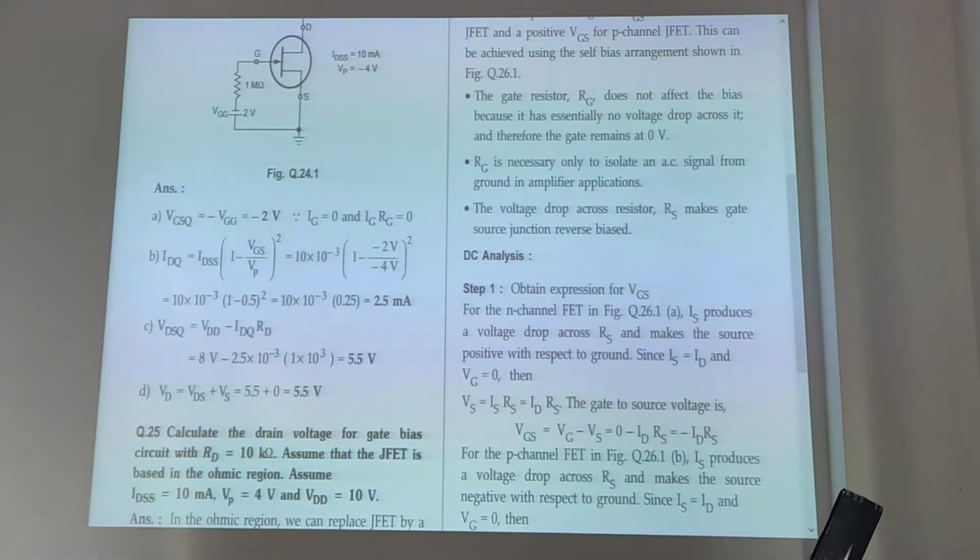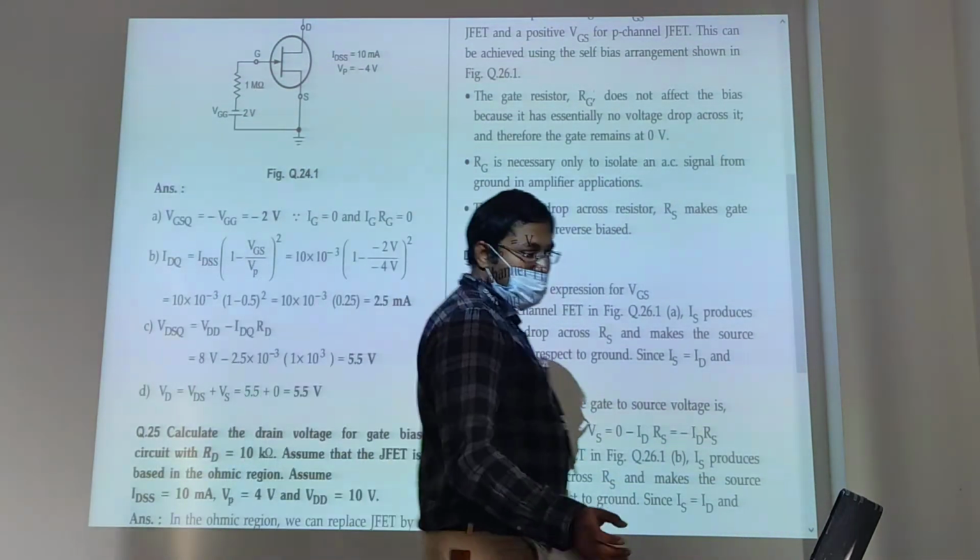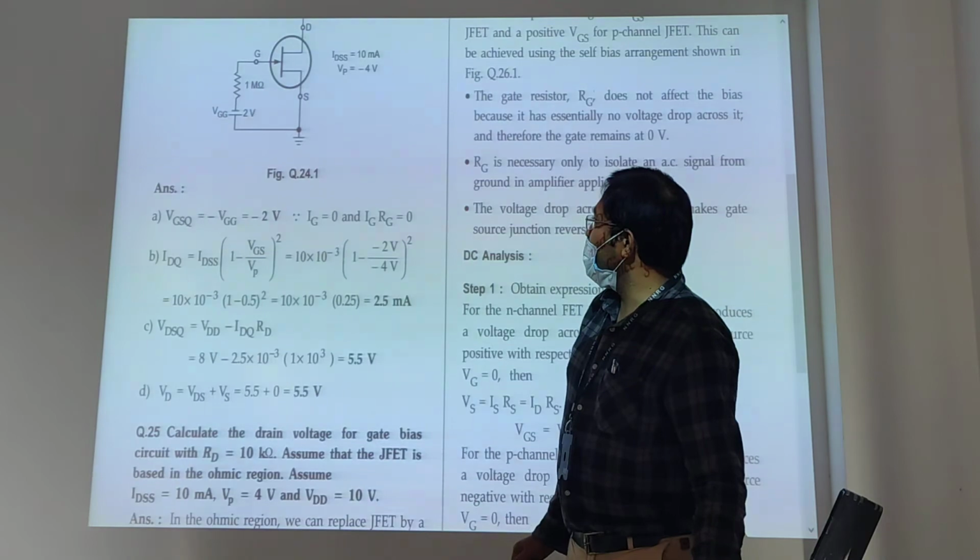What does the drain source loop of the gate bias circuit consist of? It consists of VDD at the top, RD, next the transistor. Let us see the gate bias, only the output loop.